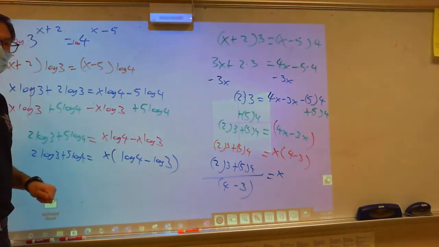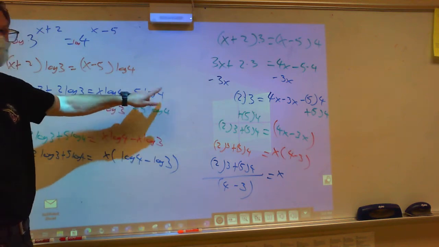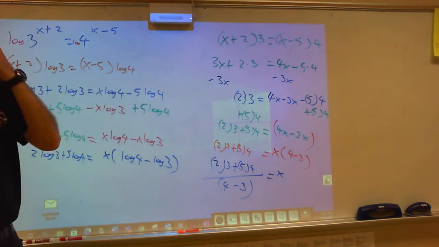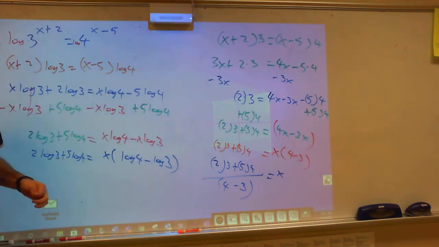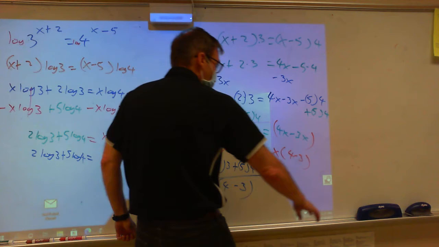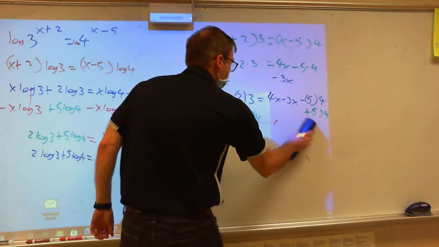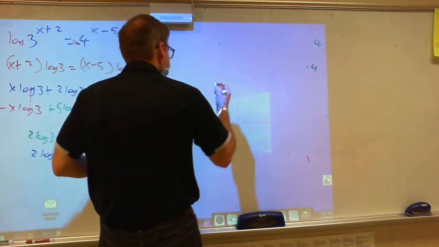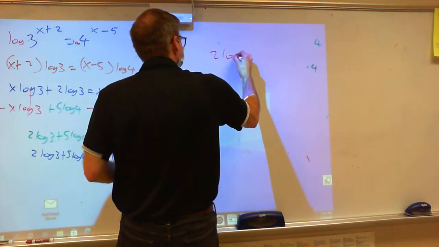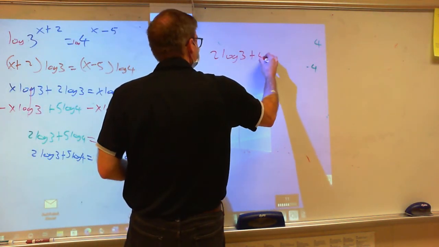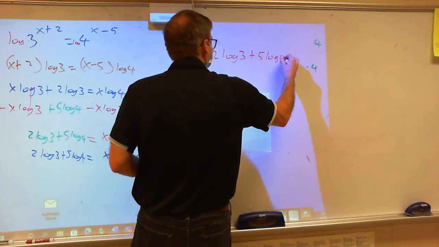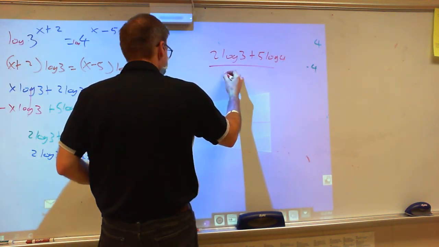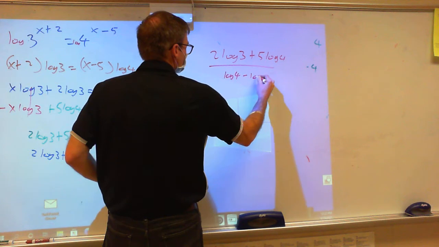So the bases don't have to match? Well, they do. I mean, they're both 10. But everything we have is log 10. Okay. And so our final answer is 2 log 3 plus 5 log 4 all over log 4 minus log 3.